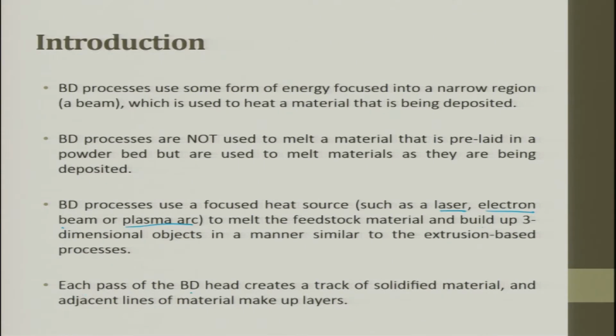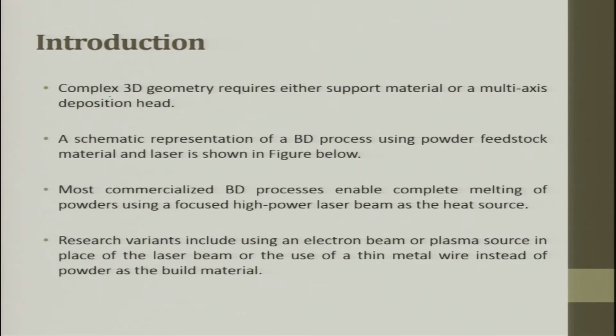Each pass of the beam deposition head creates a track of solidified material, and adjacent lines of material make up the layer. A complex 3D geometry requires either support material or a multi-axis deposition head. Supporting material is very important if you have free form or free hanging structures.